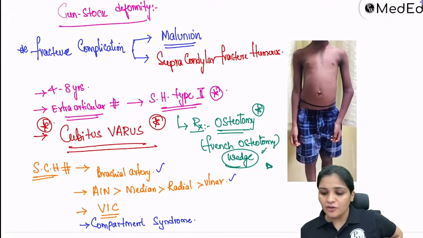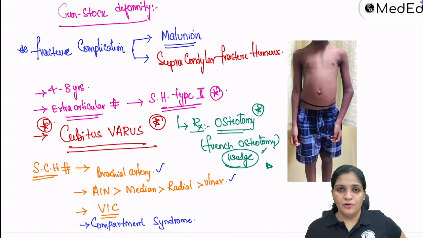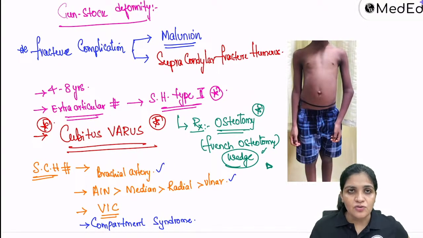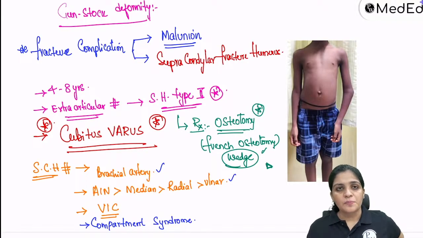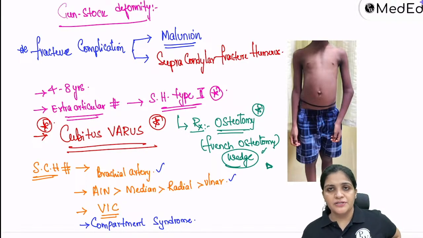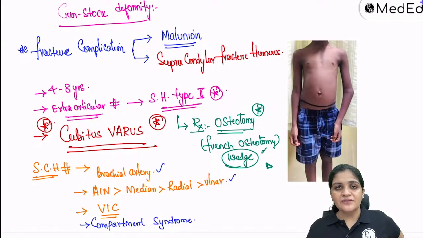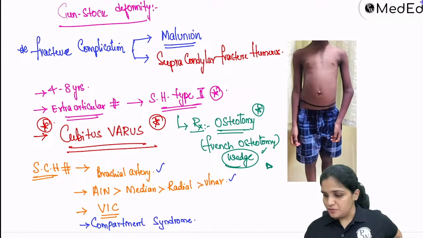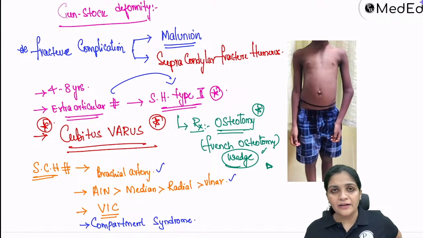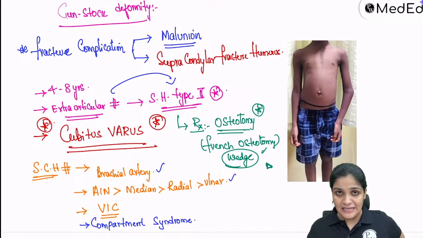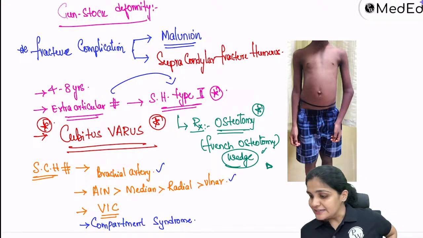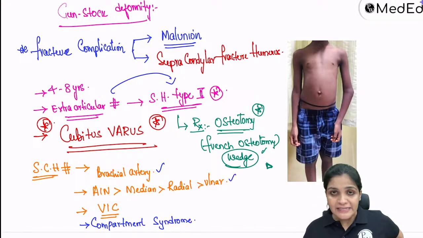And this is the cubitus varus deformity, right? That is called the Gunstock deformity. It is seen in the supracondylar fracture humerus, and the treatment is French osteotomy. And whenever you talk about supracondylar humerus in terms of Salter-Harris classification, this classification is for your physeal injuries, right?